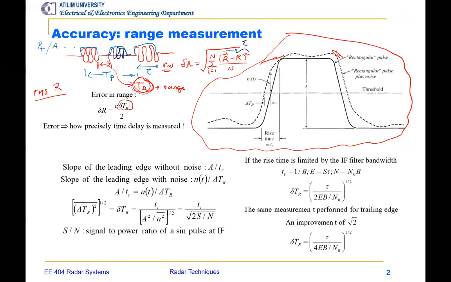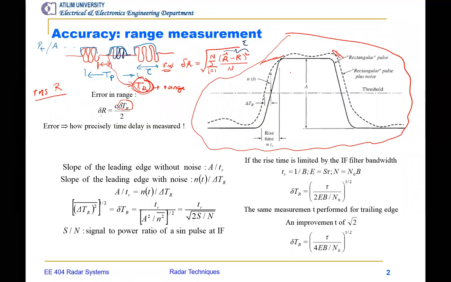When we have noise, this solid curve becomes one whose values vary randomly due to the random noise. And the dashed curve represents the noisy signal, the noisy pulse.